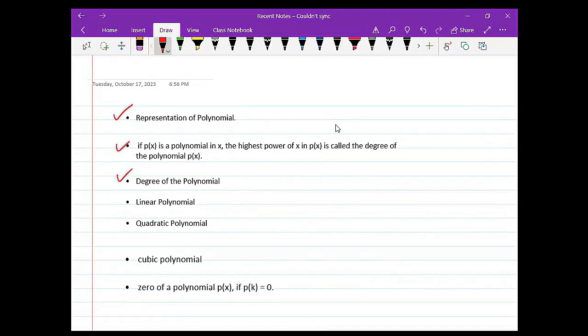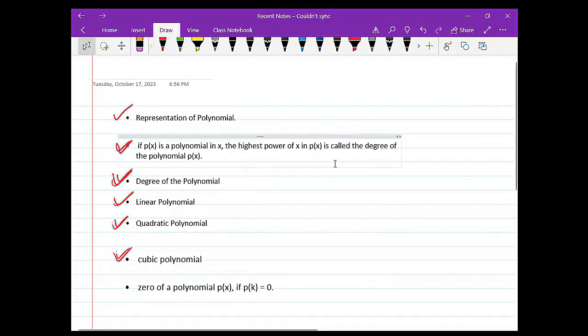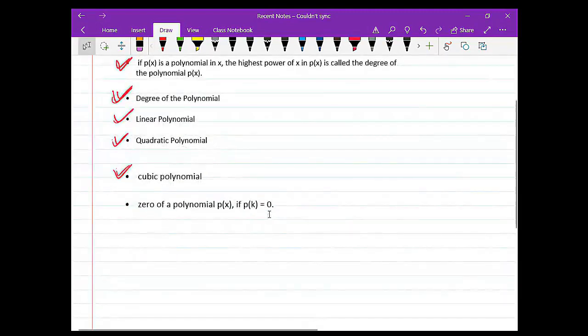We learn what is the power of the x and what it includes. Thereafter, linear polynomial, quadratic polynomial, and next, cubic polynomial. And today, the last discussion is on the topic of zero of the polynomial.